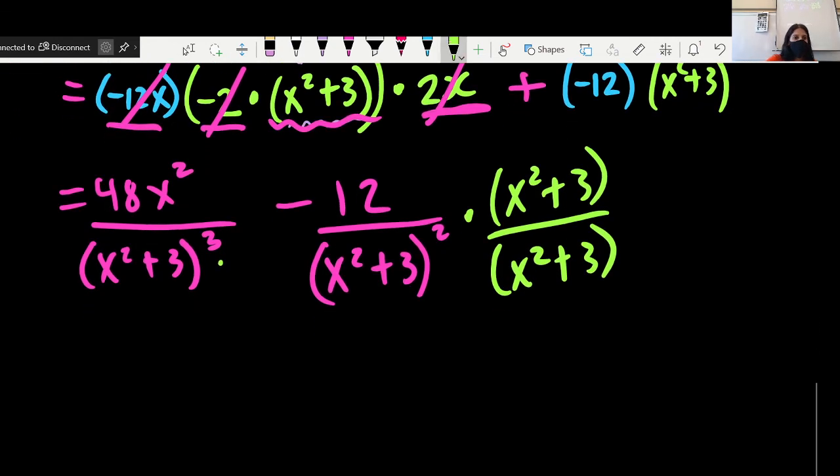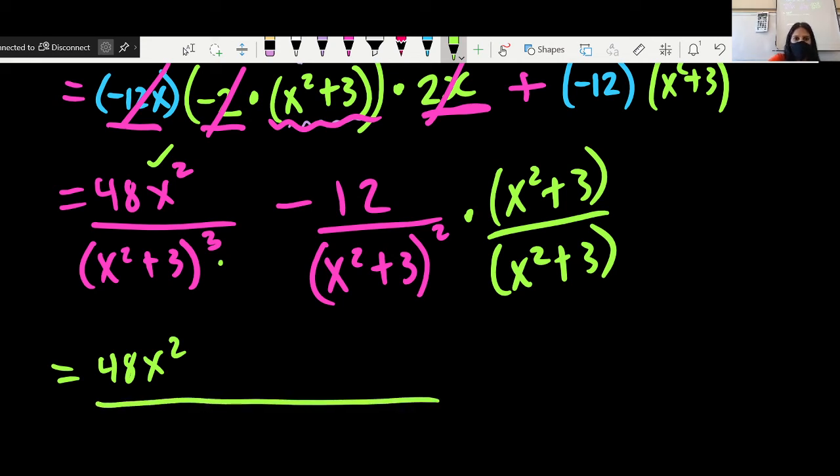So, do you see that working our way through this, we would have 48x squared from there. I'm just going to put it all over. Do you see at the bottom we would end up with x squared plus 3 to the power of 3? And that's why we did all of this.